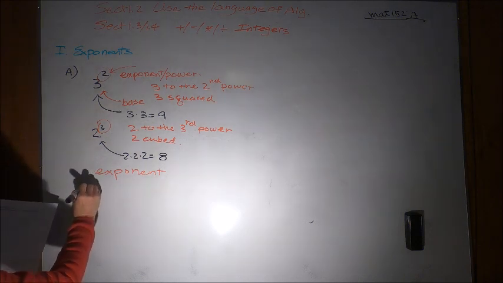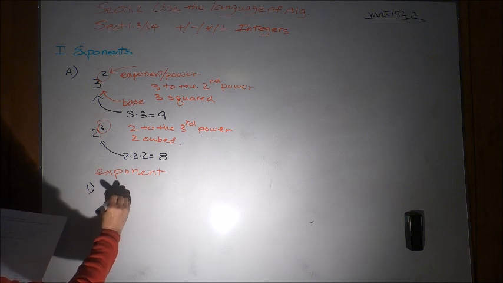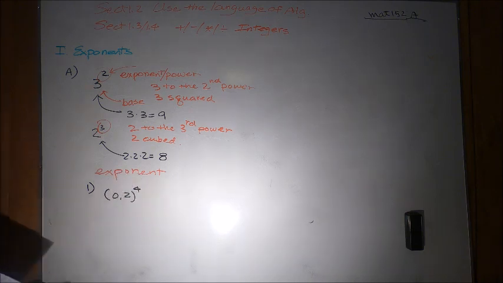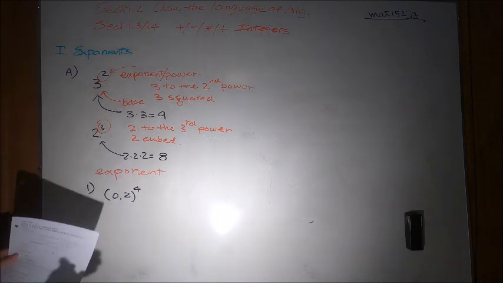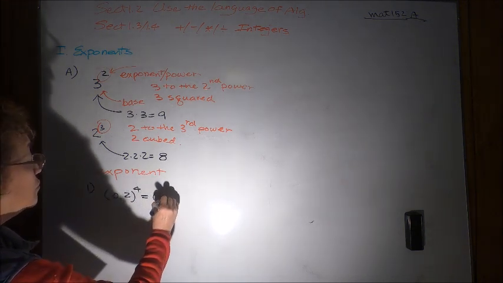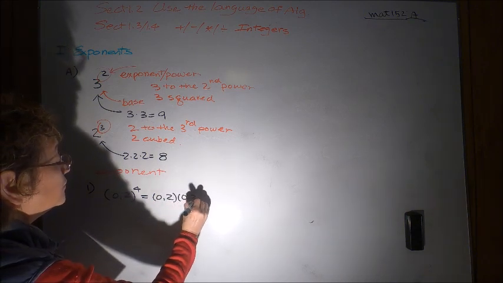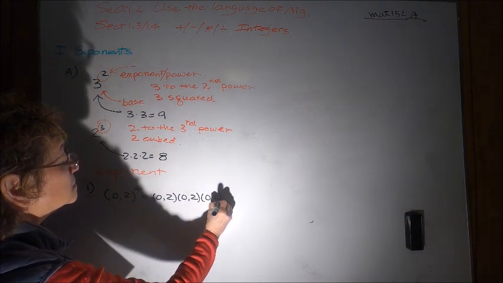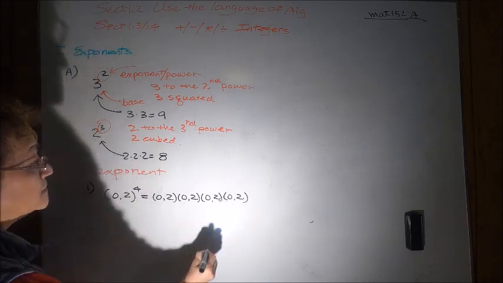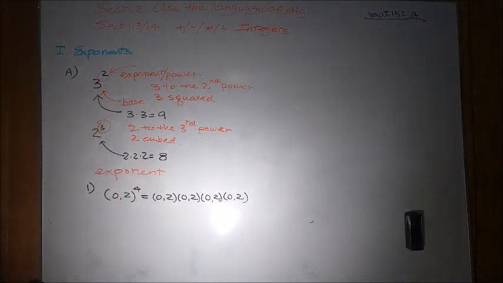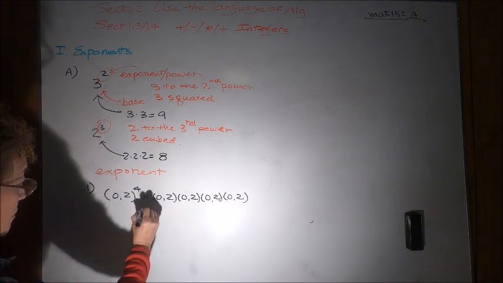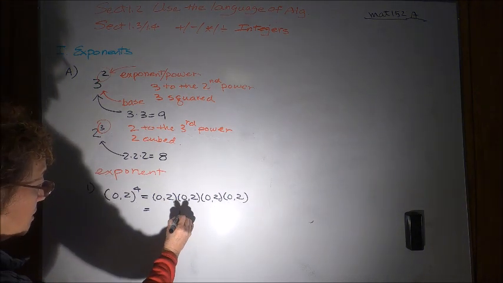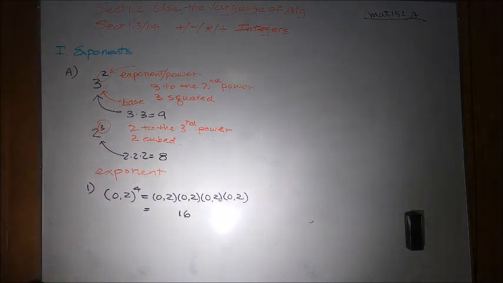Okay, if you look at this, 0.2 to the 4th power. For exponents, you use the same way. It means 0.2 times itself, how many times? 4 times, right? How do you multiply your decimals? 2, 2, 2, 2, you multiply together and it will be 16.